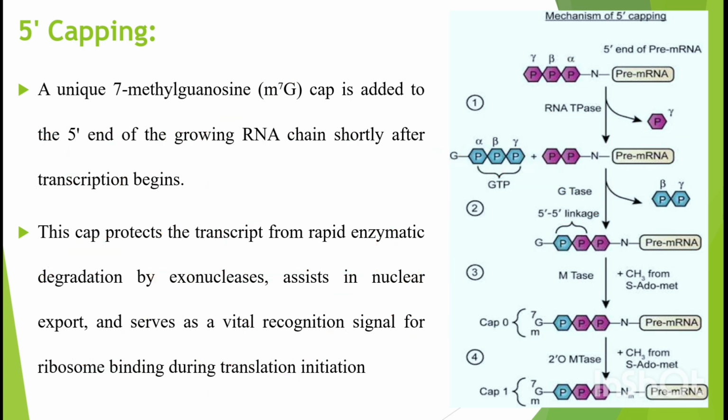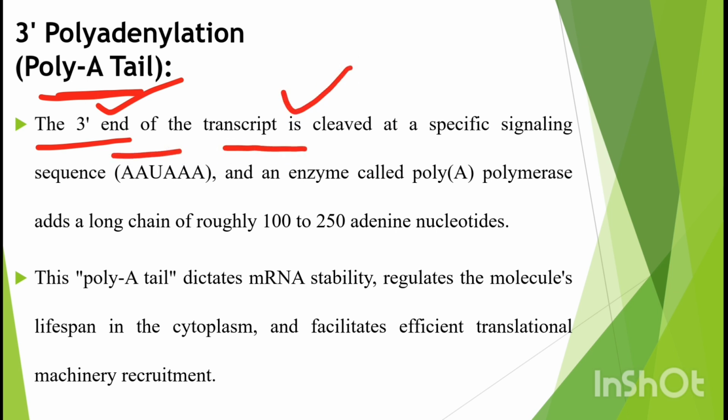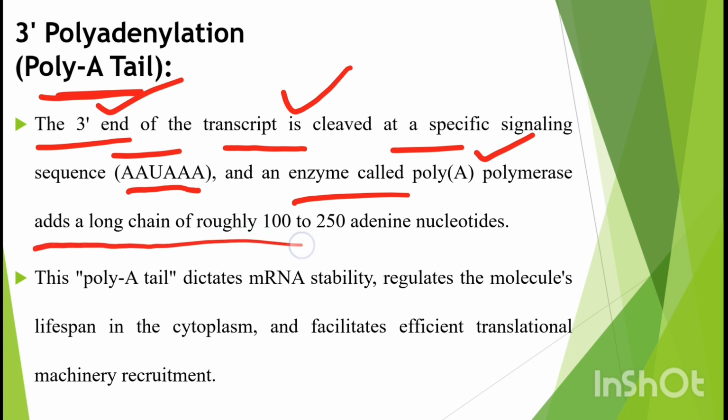Next step is polyadenylation, that means the addition of a poly A tail. A tail means an adenine tail at the 3' end. So at the 5' end a cap is attached. At the 3' end the transcript is cleaved at a specific signaling sequence AAUAAA. An enzyme called poly A polymerase adds a long chain of roughly 100 to 250 adenine nucleotides.